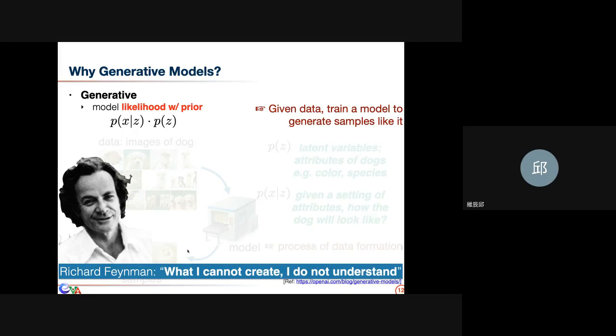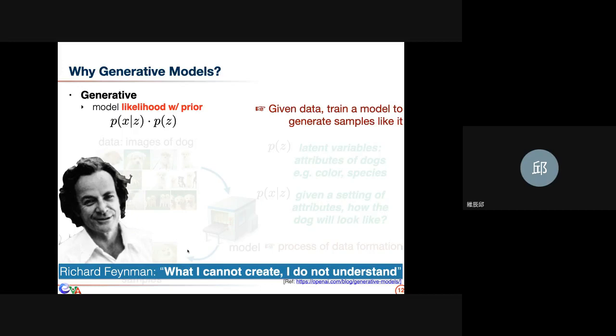For example, I need to have the full model of each character in this animation, such that I can create this animation. If you are not able to fully create what you want, maybe you do not have the full understanding yet.